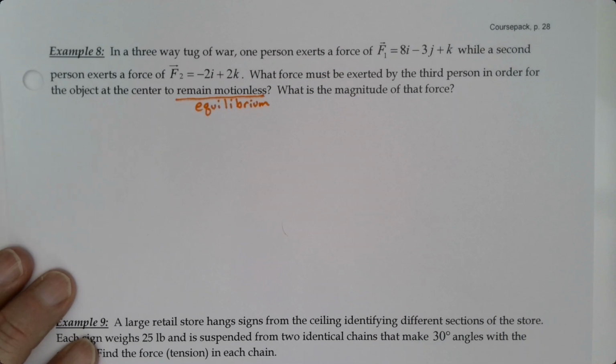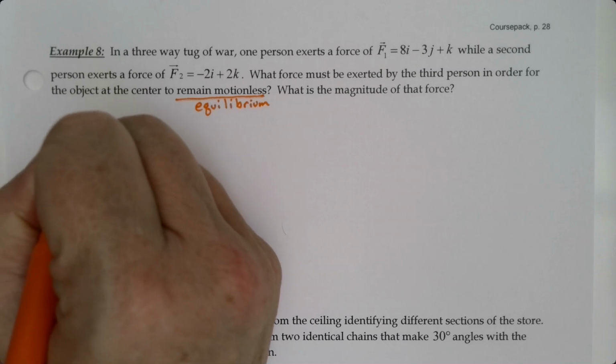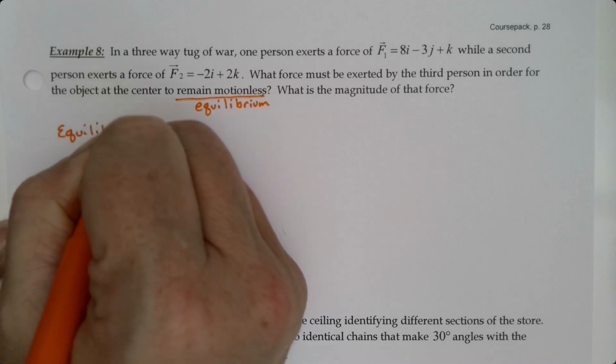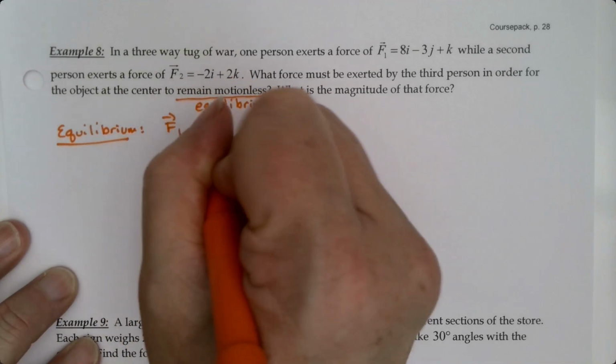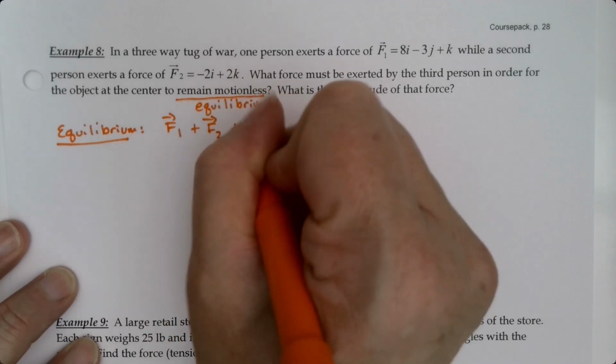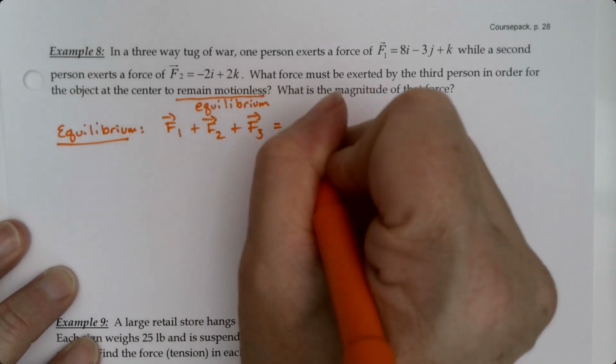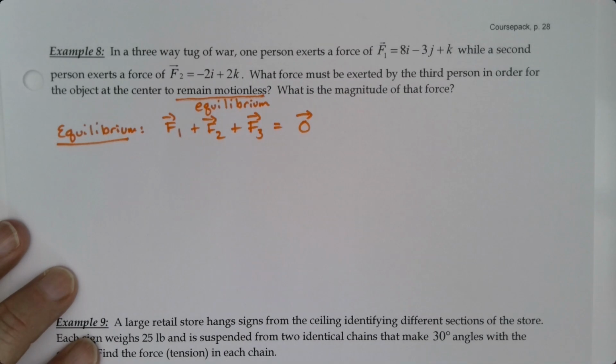Okay, so if we have equilibrium, what that means is that force 1 plus force 2 plus force 3 has to be equal to the 0 vector.